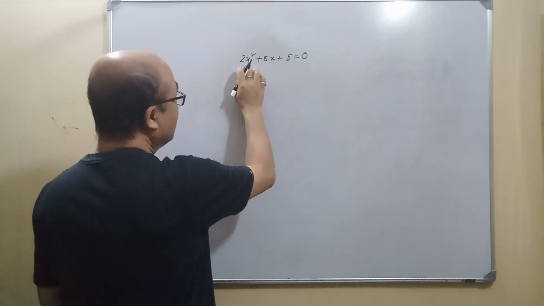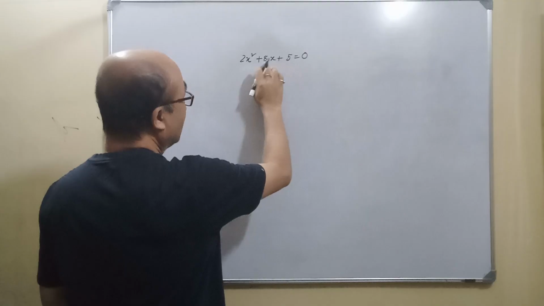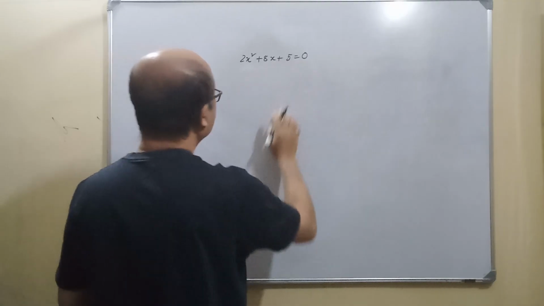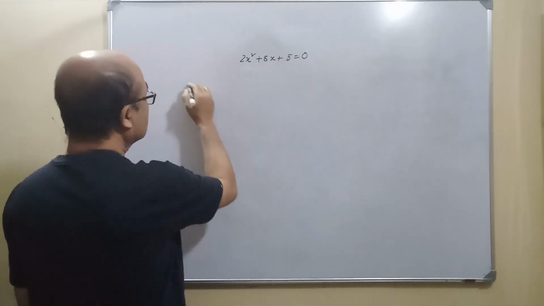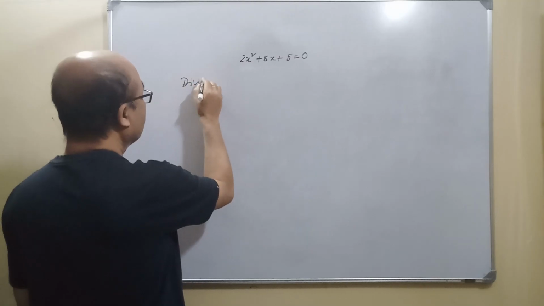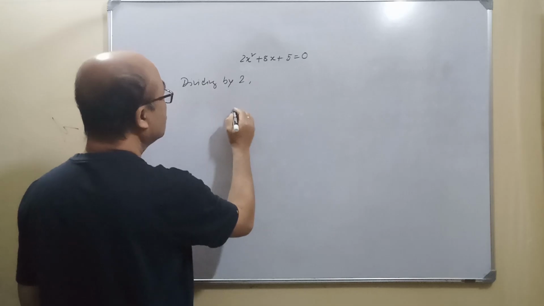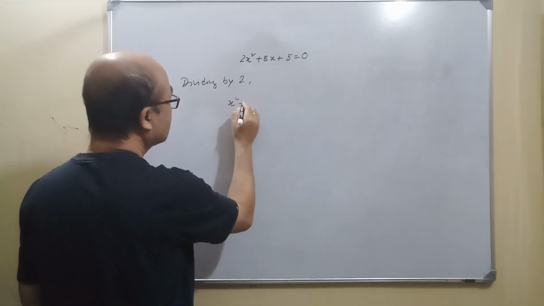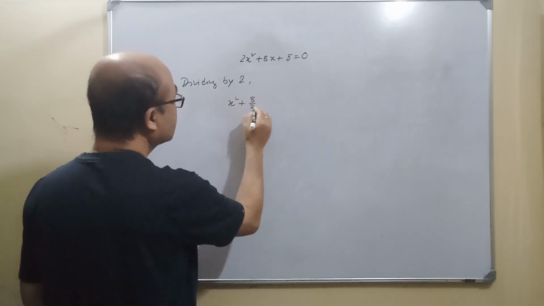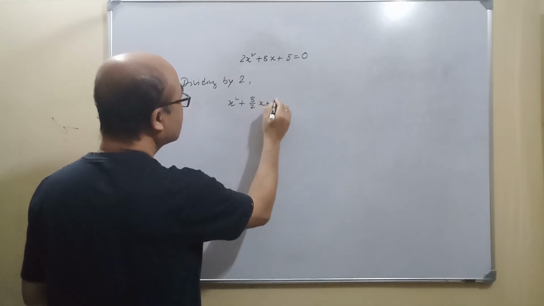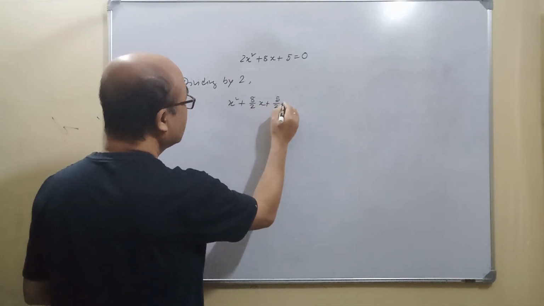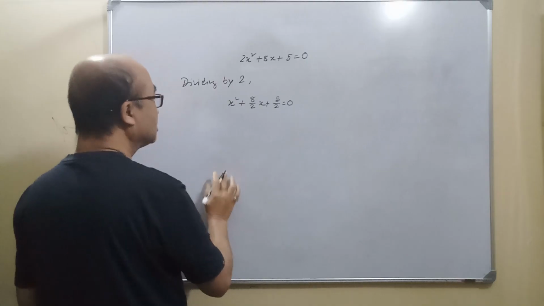So if we divide it by 2, we have to divide the other numbers also, and 0 also. So dividing by 2, we get x square plus 8 by 2 x plus 5 by 2 is equal to 0.